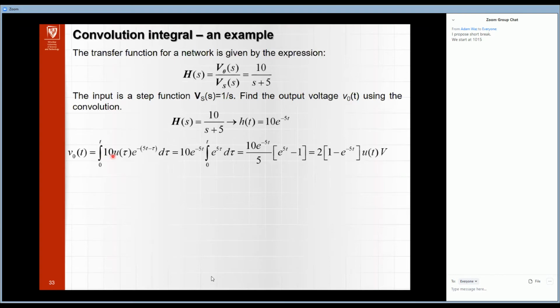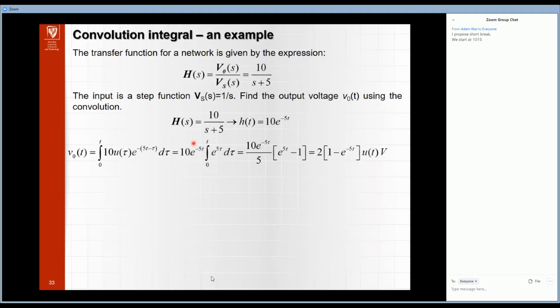So we calculate the convolution, and now we have the 10 and this factor connected with this function, and we know that 1 over s in the S domain is just equal to u(t) in the time domain.